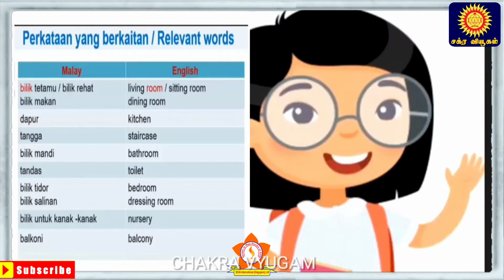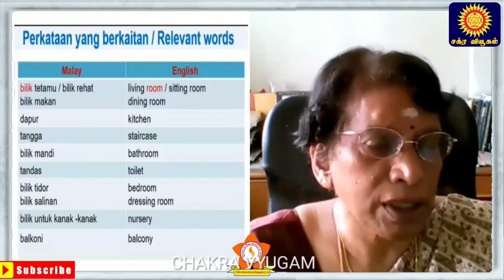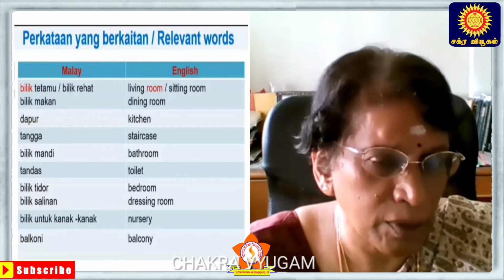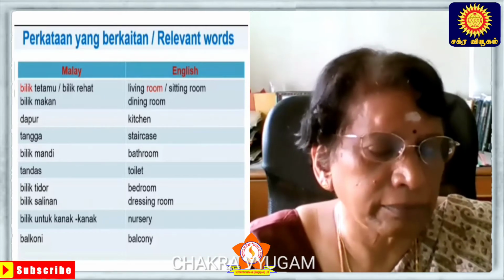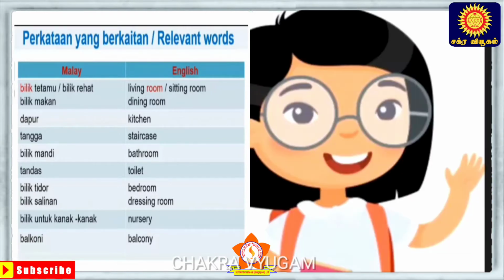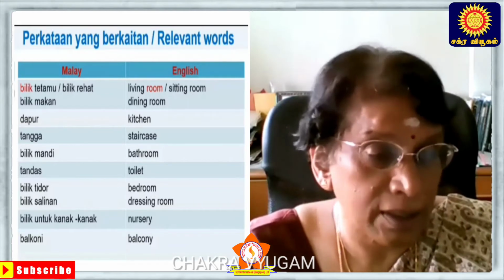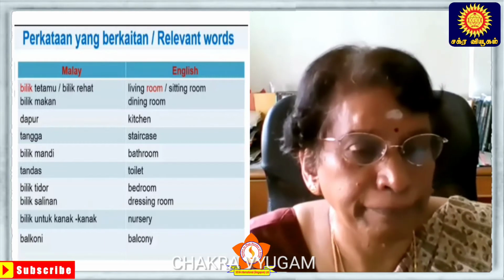Bilik untuk kanak-kanak. Now this is baby's room. So it's not just grown-up kids or older kids, it's the baby. So they call it nursery or bilik untuk kanak-kanak. Balcony. Balconies is the Malay spelling of balcony. So it is just the space outside your living room or bedroom.